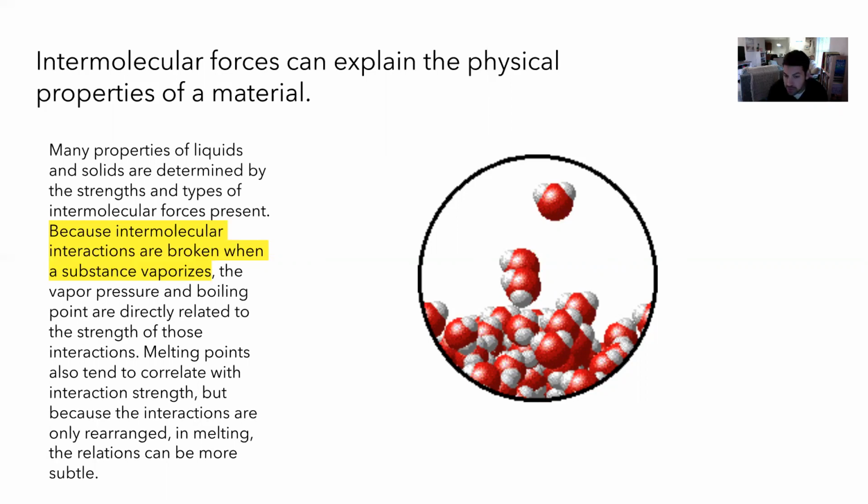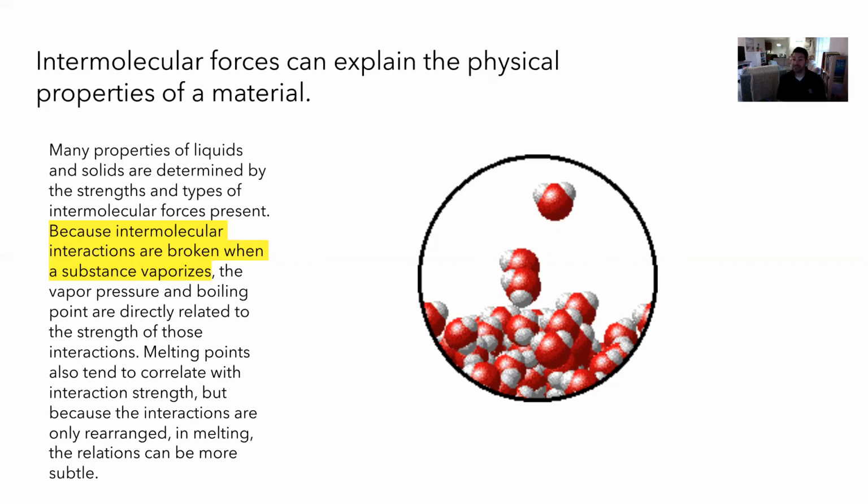So here in this picture, we're looking at a molecular view of water, all right? And we know that from the surface of a liquid, a molecule might have enough kinetic energy and it might break away. It's breaking its own intermolecular forces and leaving the liquid phase to go into the gas phase.